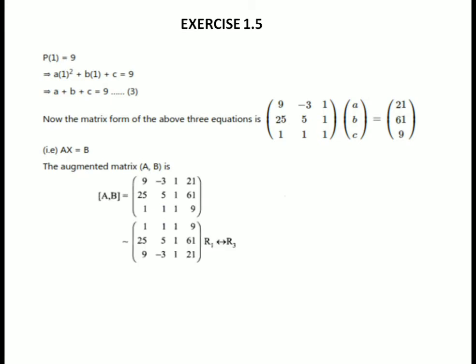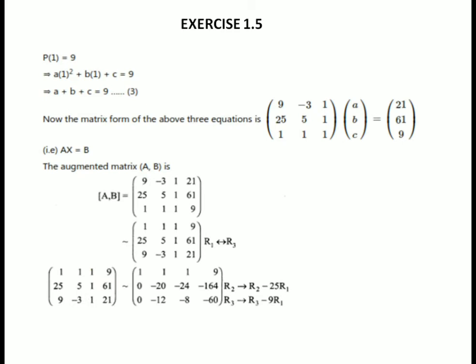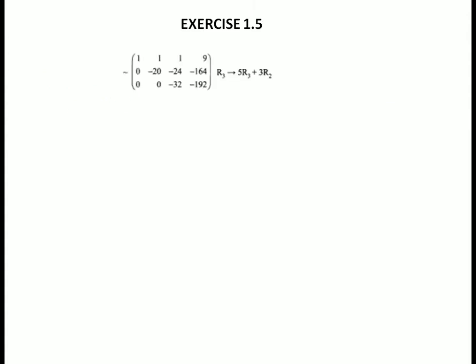After that you simplify this using Gaussian method. R1 interchange R3, then R2 minus 25 R1, R3 minus 9 R1, then R3 to 5 R3 plus 3 R2.